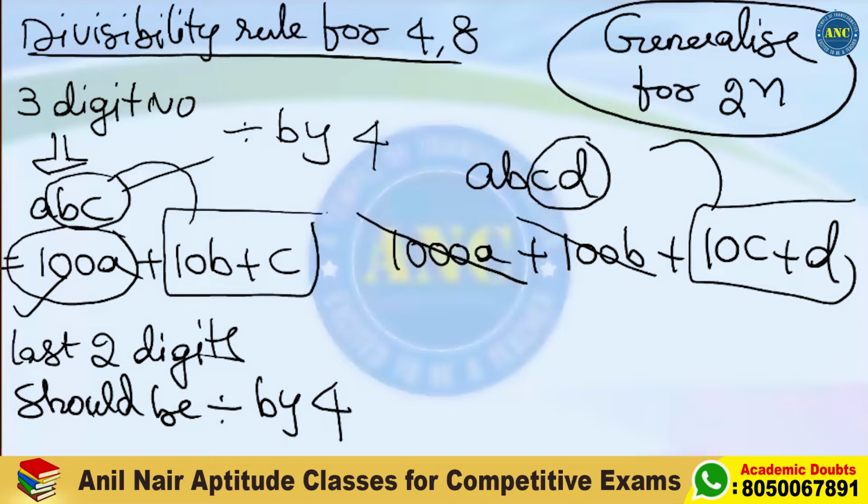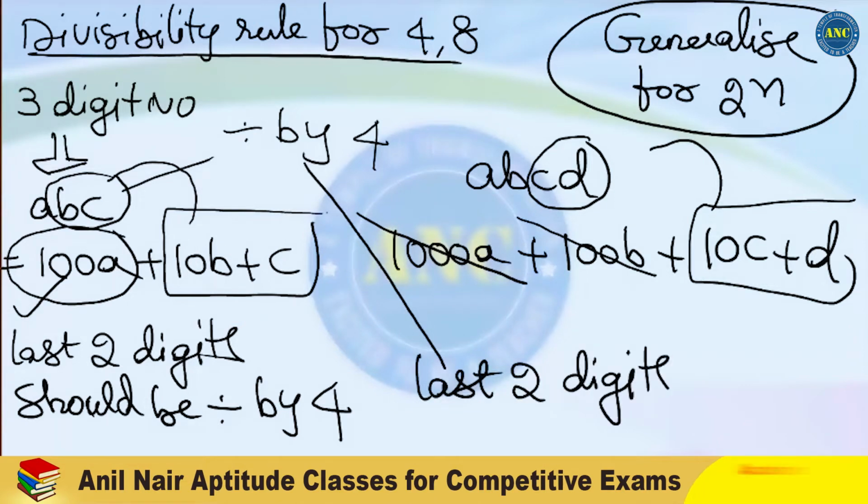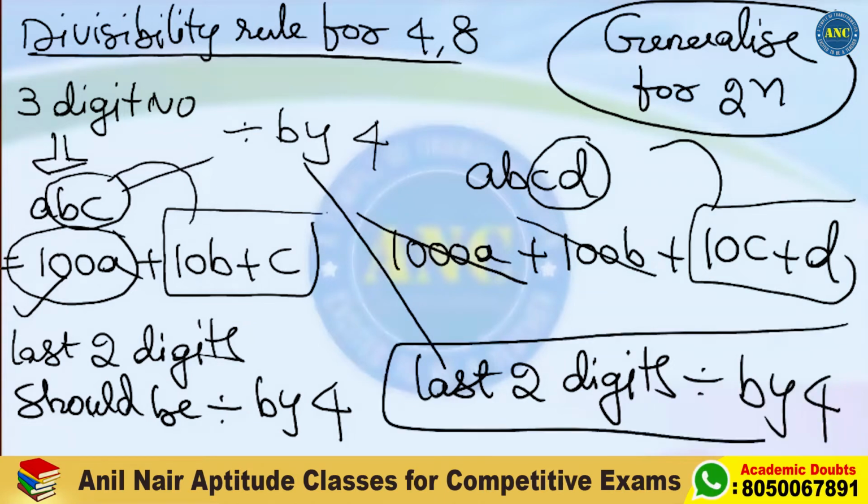That means for any n-digit number with n greater than or equal to 3, it could be a 3-digit, 4-digit or 5-digit number, the divisibility rule of 4 is that the last two digits should be divisible by 4.